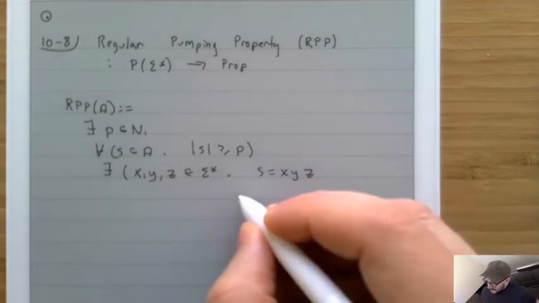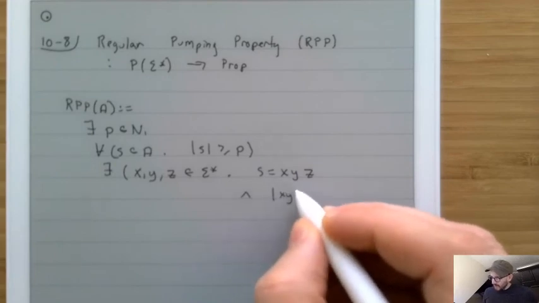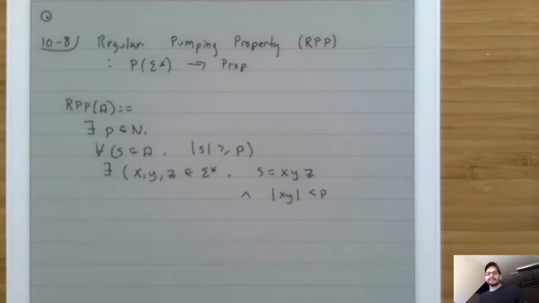Next, there has to also be the case that the length of x and y is less than p. And what does this mean? This means that if you're going to get a repeat, you have to have the repeat before you get over the number of states. Because remember, the whole idea about getting a repeat is that we'll see more and more states, and eventually we have to get a repeat.